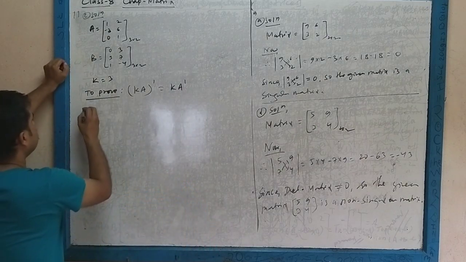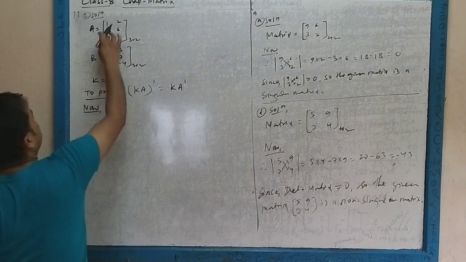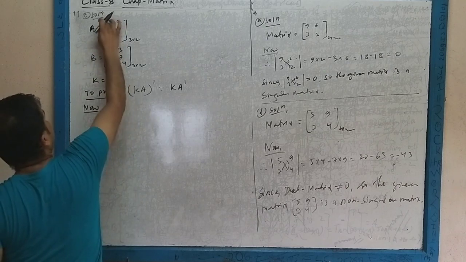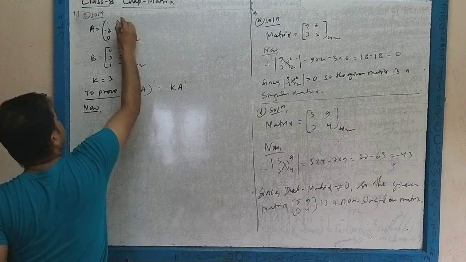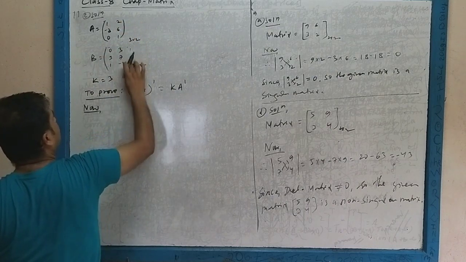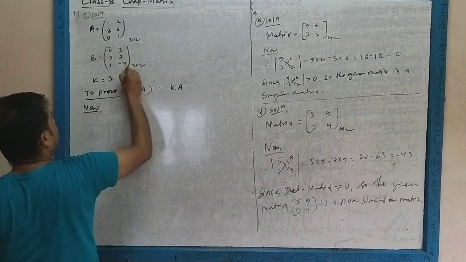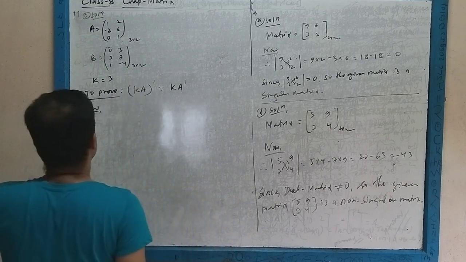If you want, you can solve it directly. This time let us solve directly. I will use a small bracket instead of a large bracket here, because I am going to use another bracket also. Now see, let's solve it.